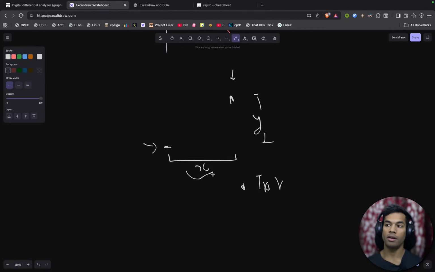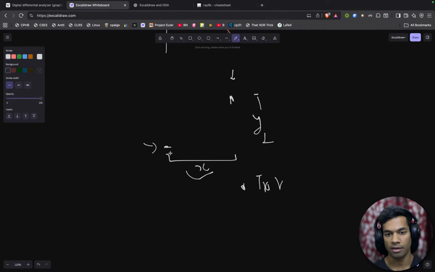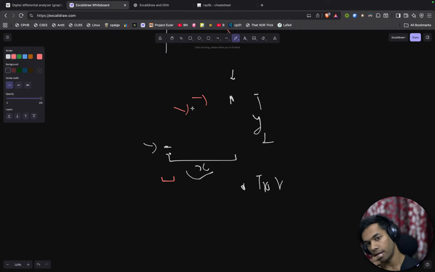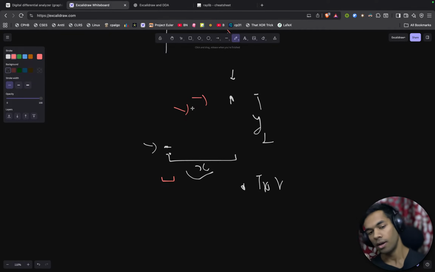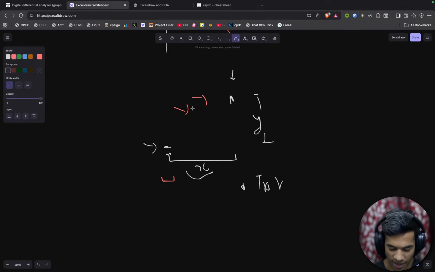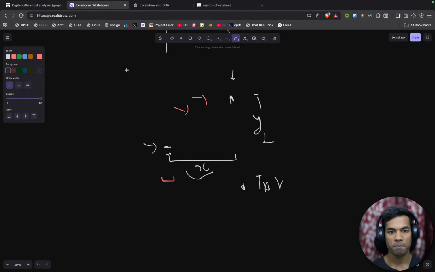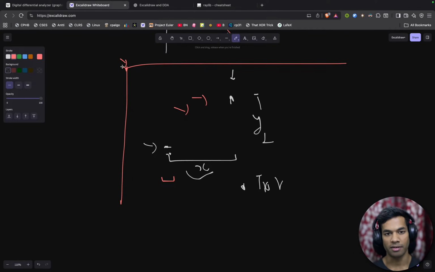Let's see when we want to change x. When we want to change x and the two points are like this, we will increase x by some amount and we will decrease y.